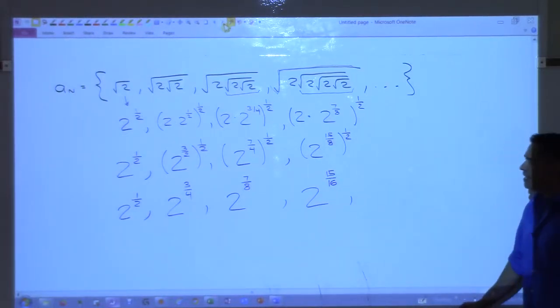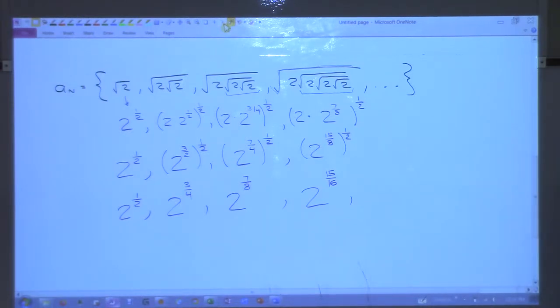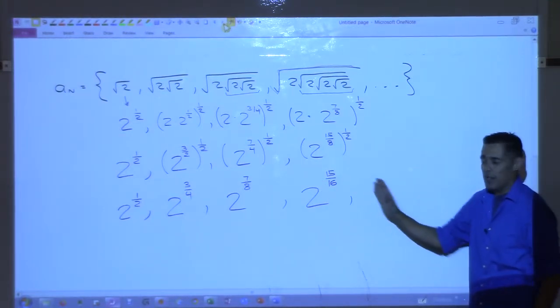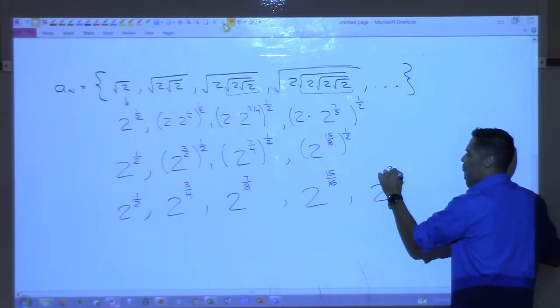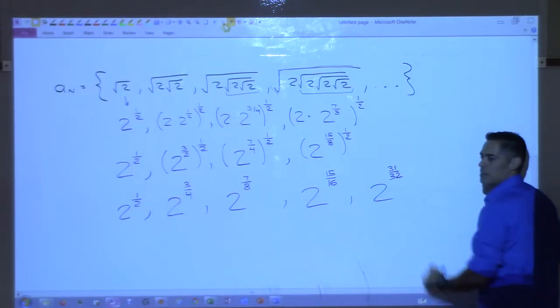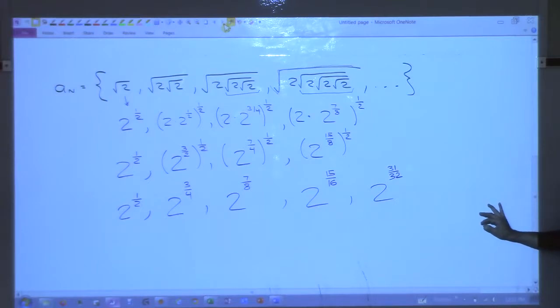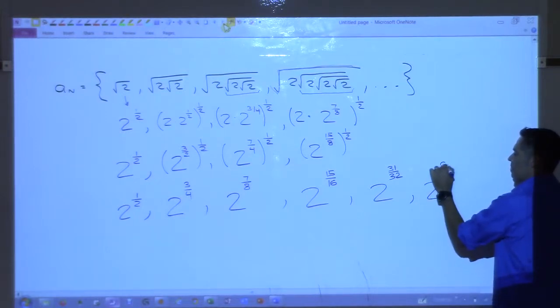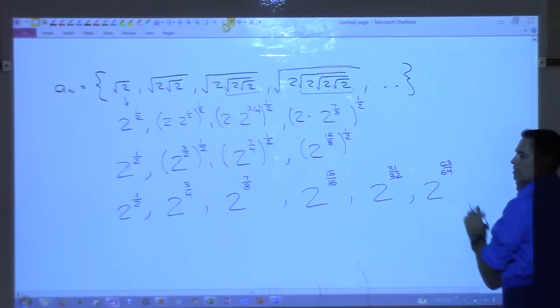Let's see, can we predict the next one? Uh-oh. Yeah, it should be 32 in the denominator. So we're just going purely off of the prediction from a pattern here. 31 over 32. What would the next one be? 63 over 64.